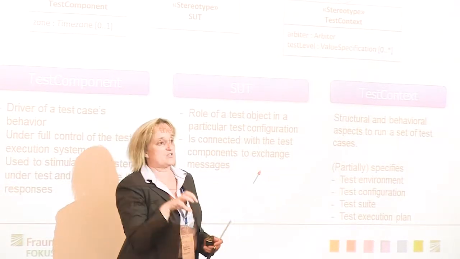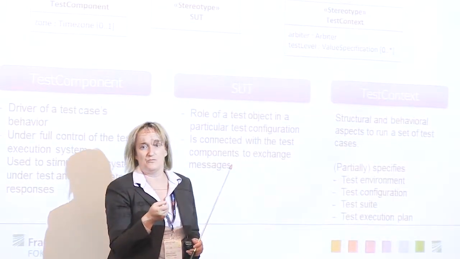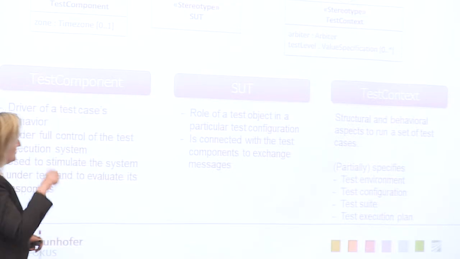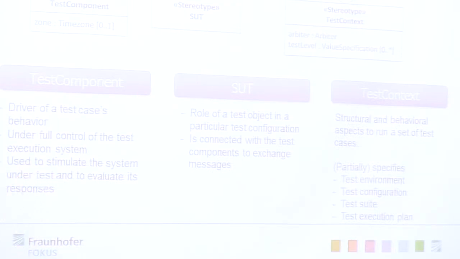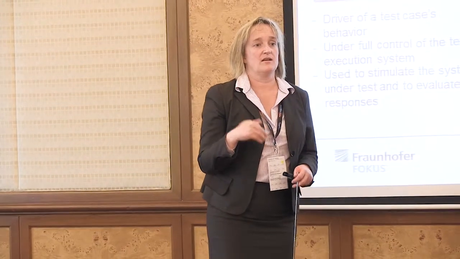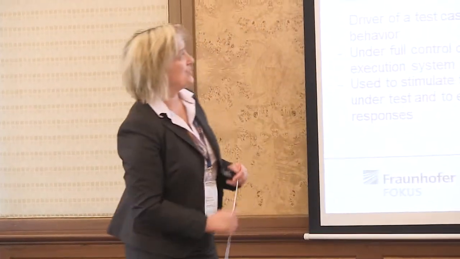And the test context uses the arbitration to compute the overall result. So you can have the very same test context, but with a different arbiter, you typically would get other test results because you put on another evaluation scheme. And again, this depends on the purpose of the test, what you want to evaluate, and then the arbiter defines how you evaluate.